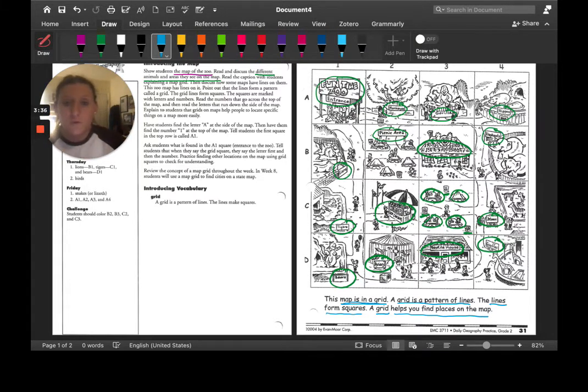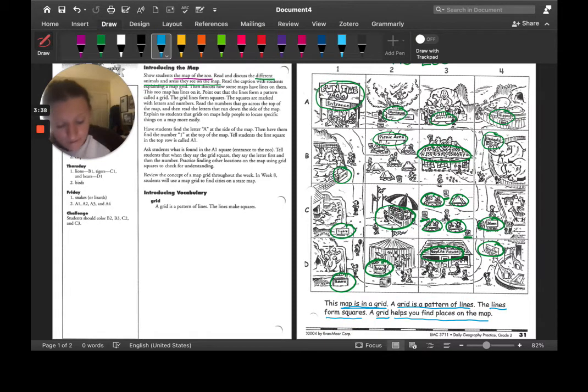So if we go and look at our map, we notice that each of these lines make up individual boxes here. So we'll do one here just to kind of show us that this is indeed a map that is a grid.